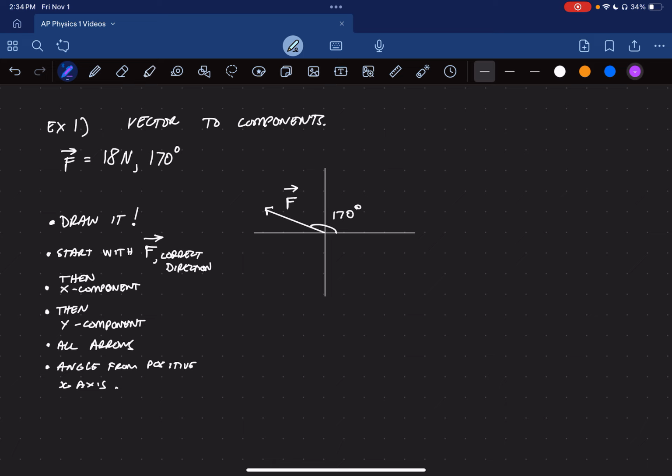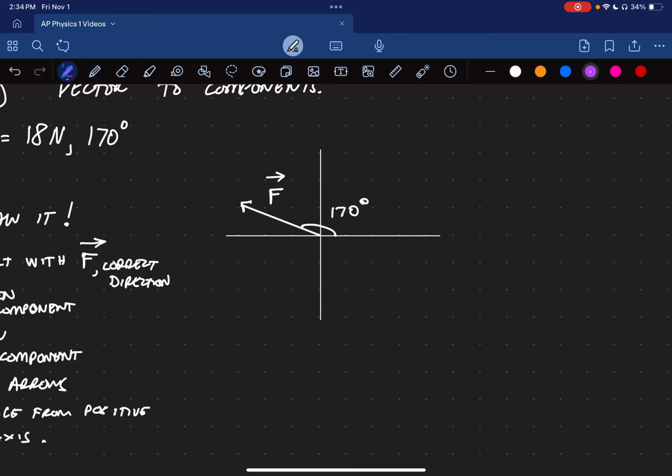I'm doing them in different colors. Obviously, you don't have to do that. I'm just doing this so you can visualize. We start from the same place here. This is the x component. And as if I did not lift up my pen, I'm going to draw the y component. Draw everything as arrows. Oh, let's label it.